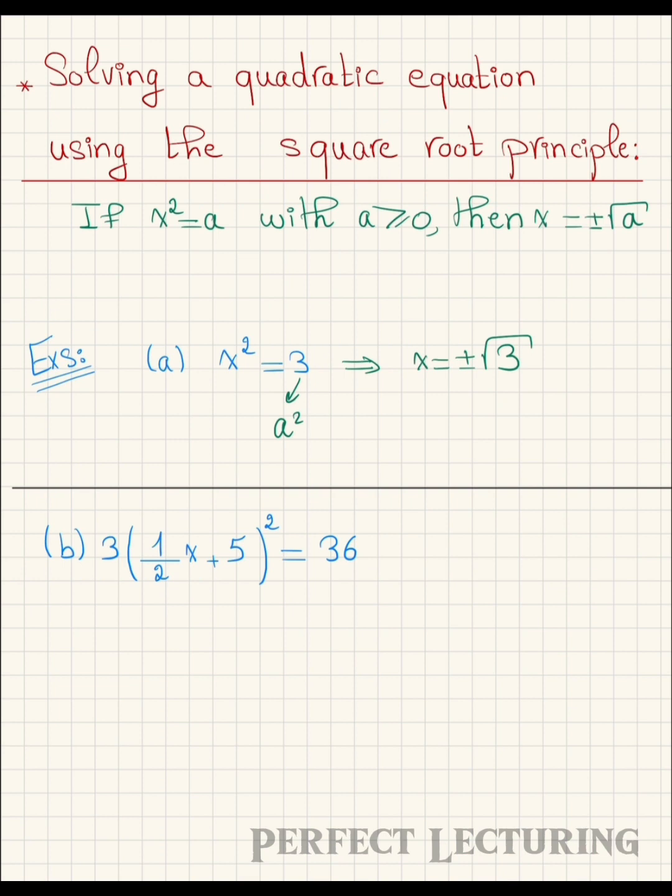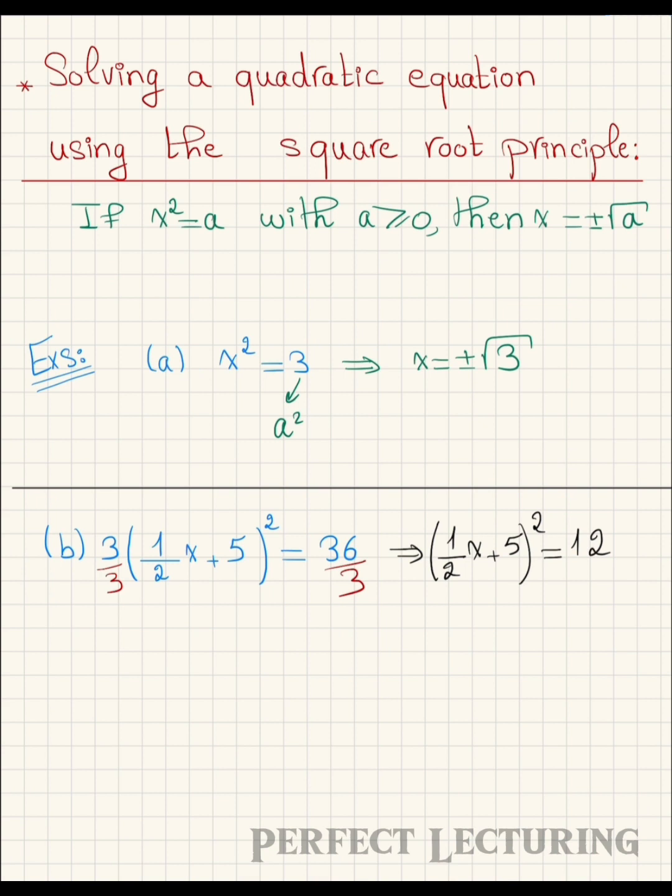For part B, we do the same thing, however, before applying the formula, I must divide both sides by 3, which is the number multiplied by the squared factor, and this gives us (1/2 x plus 5) to the power of 2 is equal to 36 divided by 3, that is 12, and now we have something squared is equal to a positive number.